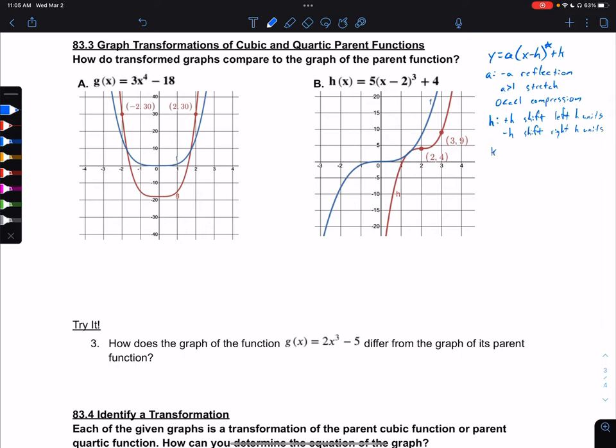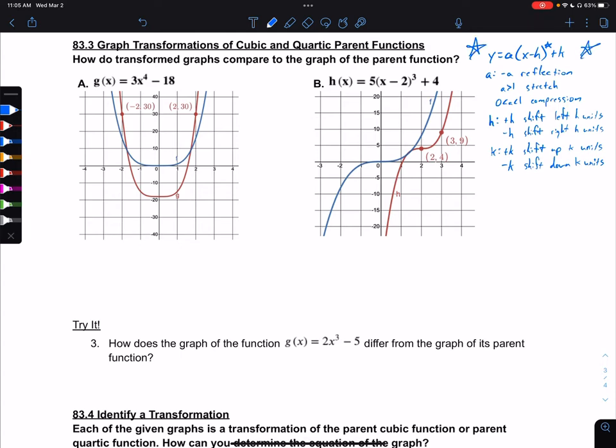And then finally, my k value controls vertical shifts. So plus k, these are the easy ones, is a shift up k units, and minus k is a shift down k units. Okay, so keep this in mind.